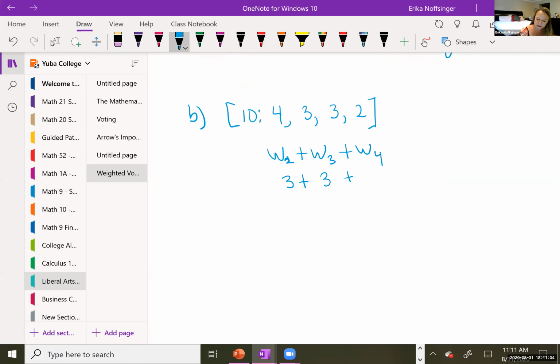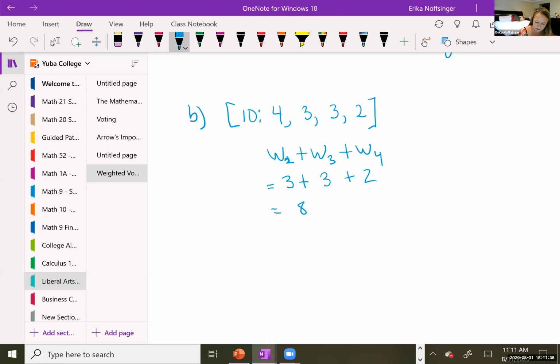So 3 plus 3 is 6, plus 2 is 8. The only way that this motion can pass is if player 1 comes in and tips the vote. Everybody else says, yeah, I want it to work, but player 1 comes in and tips the vote. There's no other combination that could work without player 1.